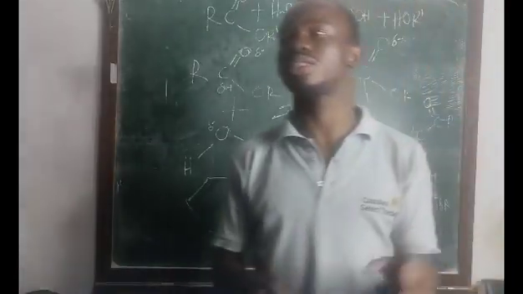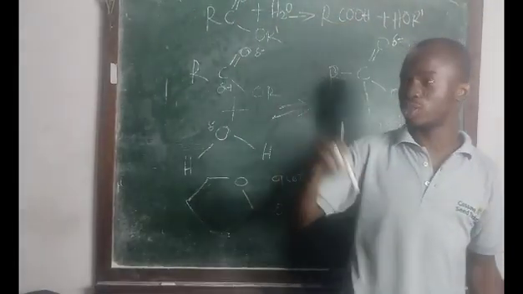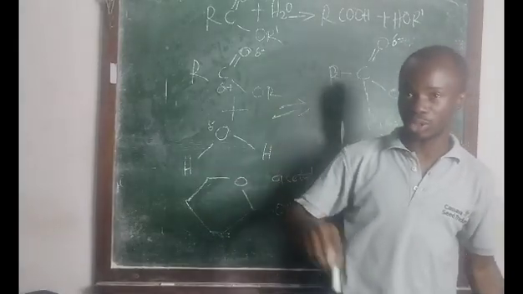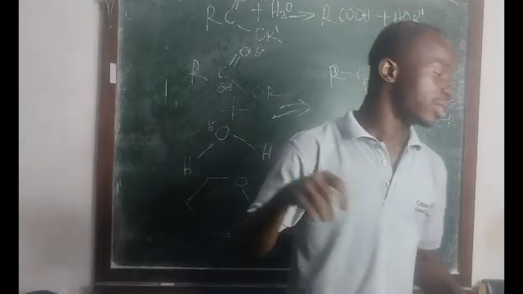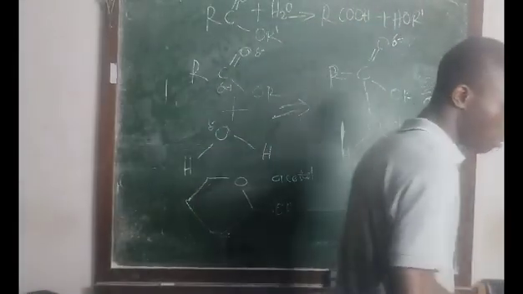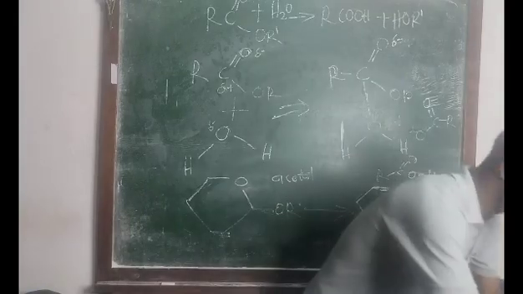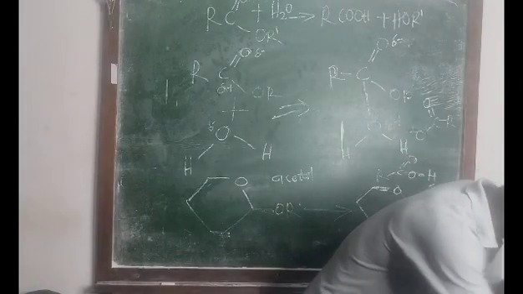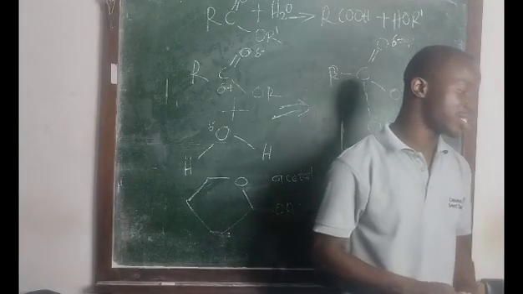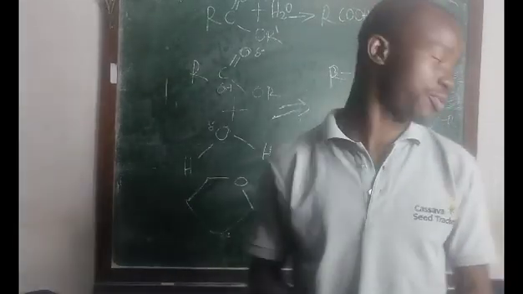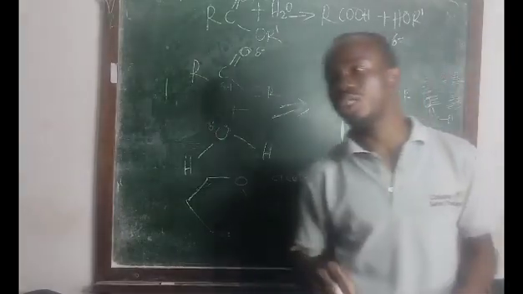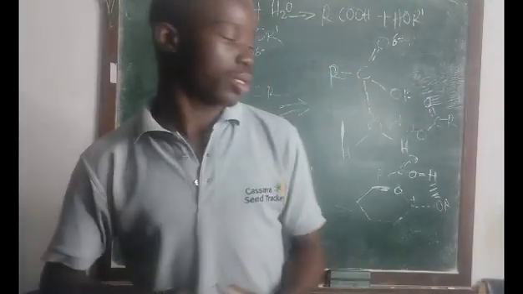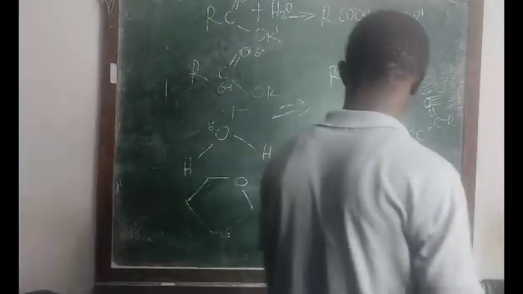Nucleophilic catalysis usually involves bond formation along the way, which eventually changes the reaction pathway. Examples of nucleophilic catalysis are seen in acyl group transfer, in phosphoryl group transfer, and hydrolytic reactions. So let's look at this now.